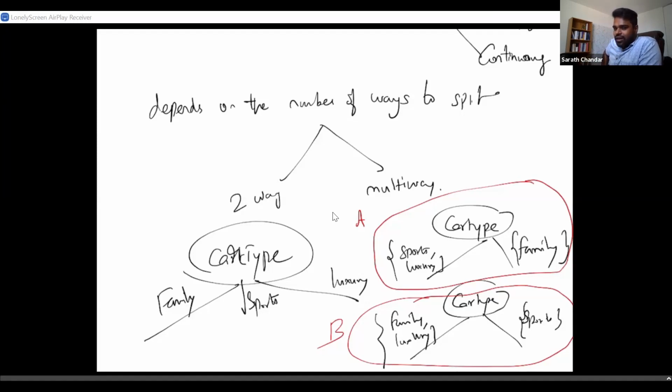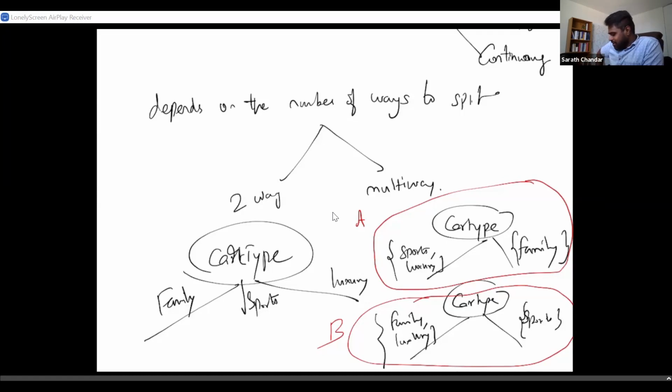So can someone who thinks the first, like A, is the best split, explain why B is not the best split? Someone raise a hand maybe. Okay, so there is an answer in the chat which says because sports and luxury are often related.